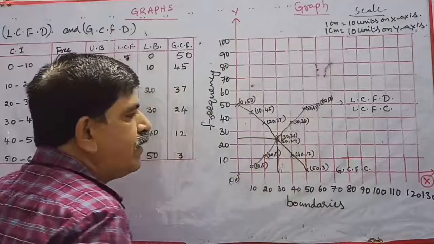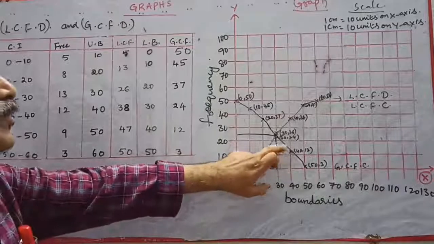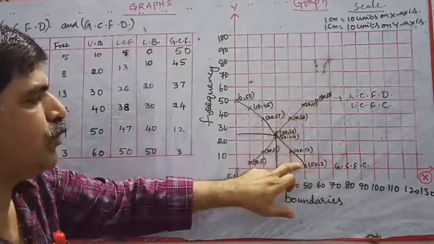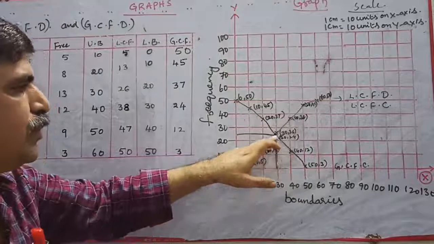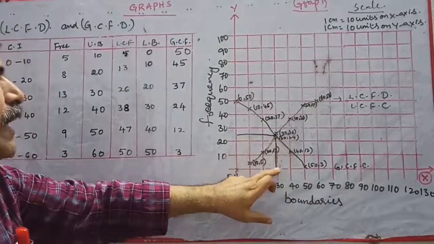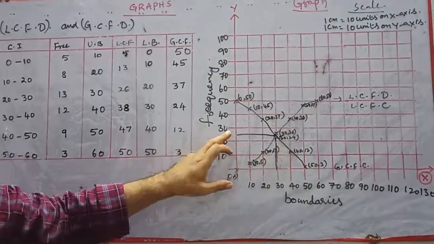This point is known as the median of the grouped data. These graphs are known as Ogive curves. This is the less than Ogive and this is the more than Ogive. Where these two Ogives meet at a point is known as the median, and its y coordinate value is n by 2. Okay, thank you.